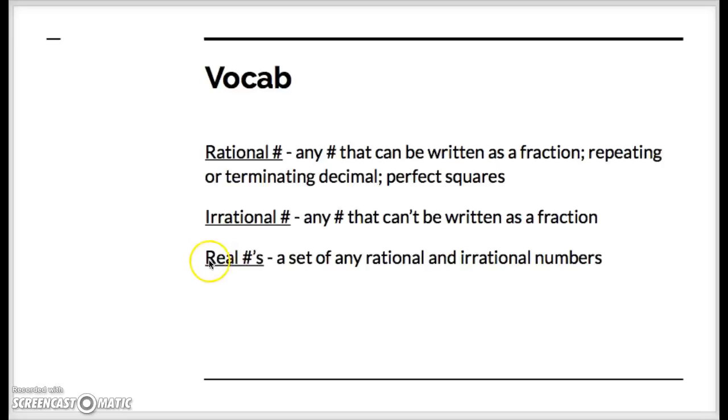And believe it or not, when you get into high school and you start taking the higher math classes, you will start learning what are called imaginary numbers. So that's something for future reference. So we're just going to focus on rational and irrational. We're going to look at a list of numbers and we're going to classify them, say whether they are rational or irrational.